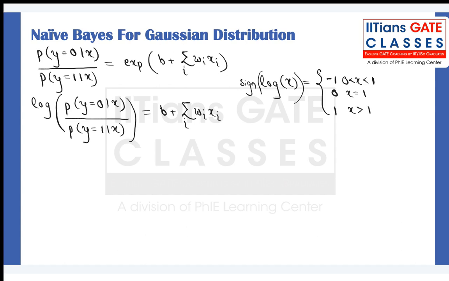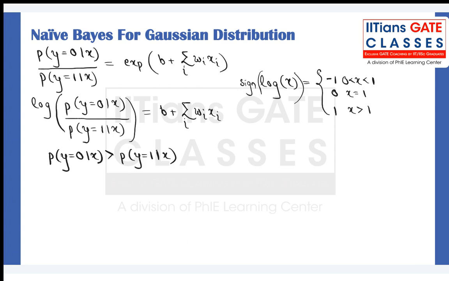Now equate that to something here. If my P of y equal to 0 given x is greater than P of y equal to 1 given x, what is the sign of the left hand side? The left hand side will be greater than 0, correct?